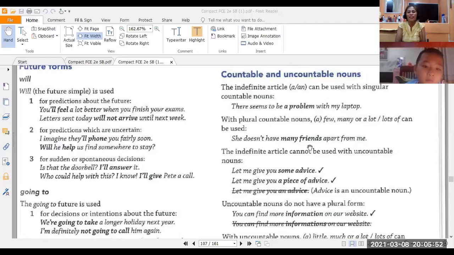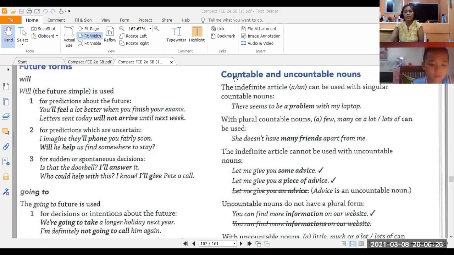Okay. Now here. When we say plural countable noun, it means many. So when you say plural, you will have to use a few, many, or lots of. You will use these expressions for plural countable nouns. For example, she doesn't have many friends. Look at that one.